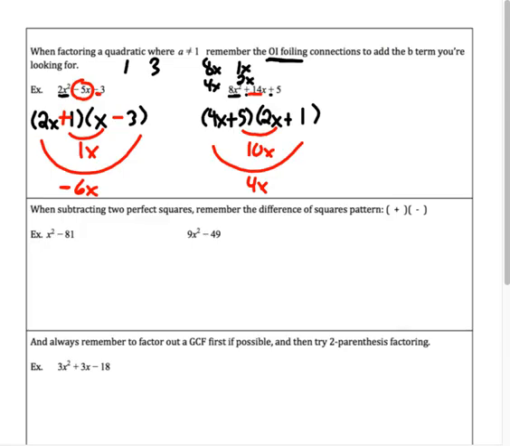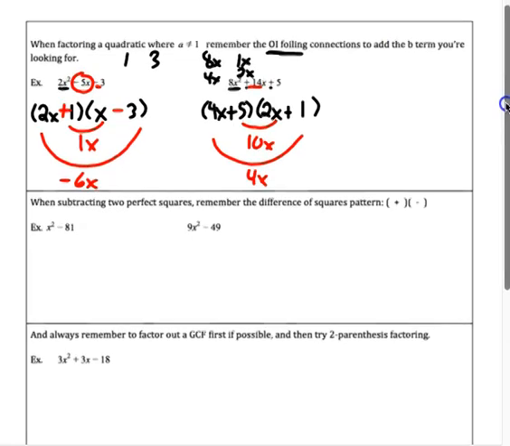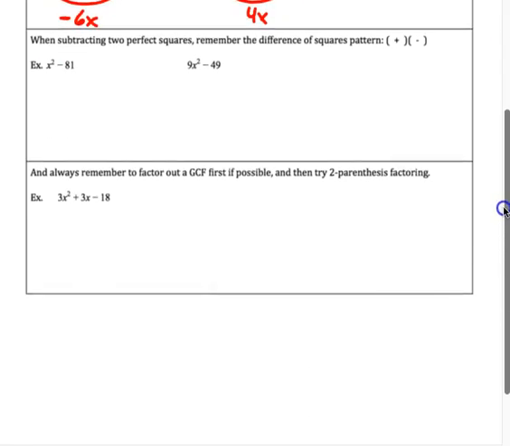So that was factoring when a was not equal to 1. Then, of course, we still continued our factoring adventure with some special cases, all right? Some special cases, first meaning the difference of squares pattern. And that difference of squares pattern, remember, you always end up with a plus and a minus. So here, this is a perfect square. That's x and x.